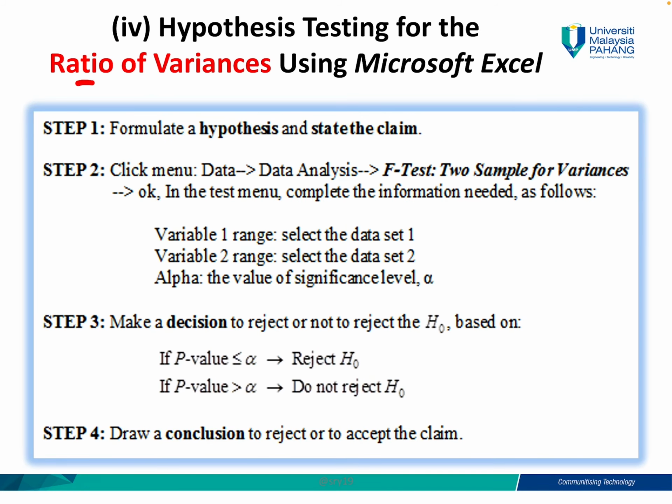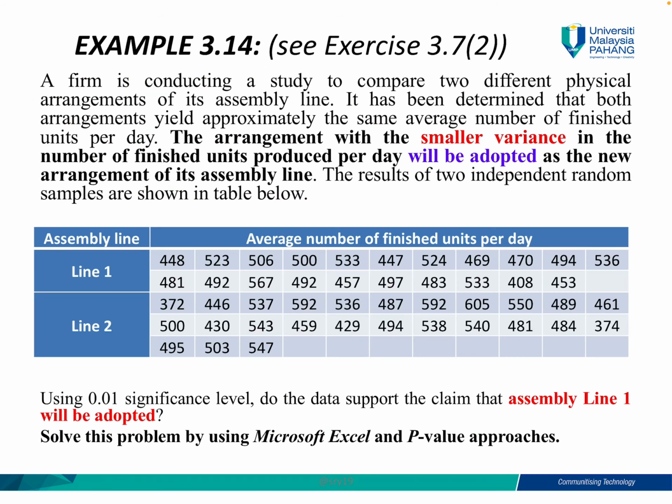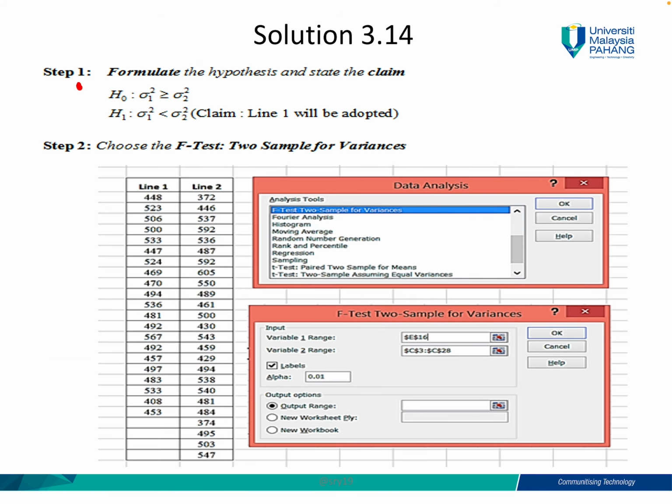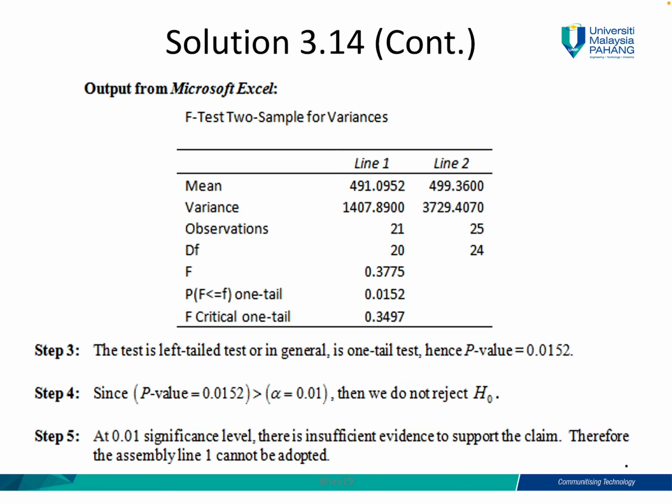Okay, this one is for the ratio of variances. Step number 1, formulate your hypothesis. Step number 2, you want to calculate the p-value. So the p-value here is 0.0152, greater than alpha 0.01, we accept H null. Okay, so for your assignment, part 2, you have to follow all these steps to conduct the hypothesis testing using Microsoft Office Excel.